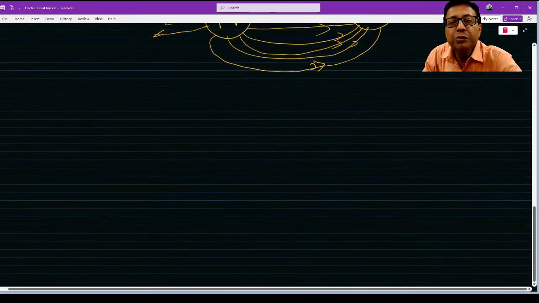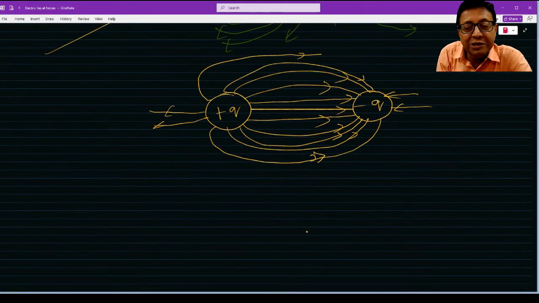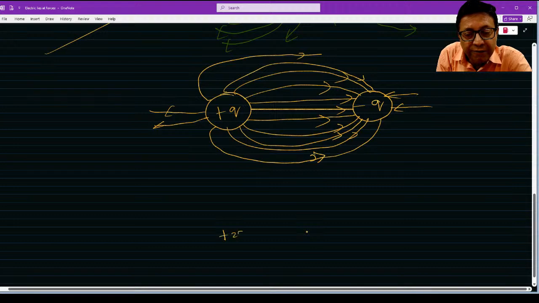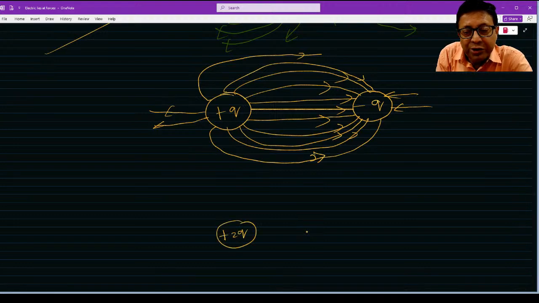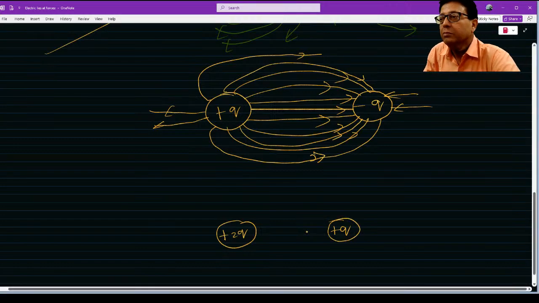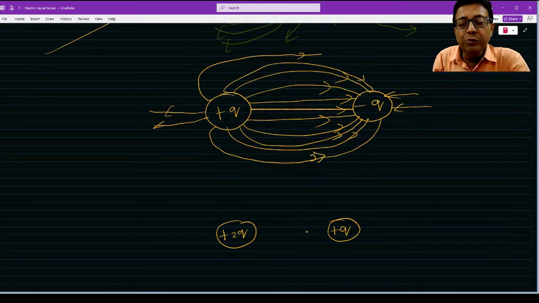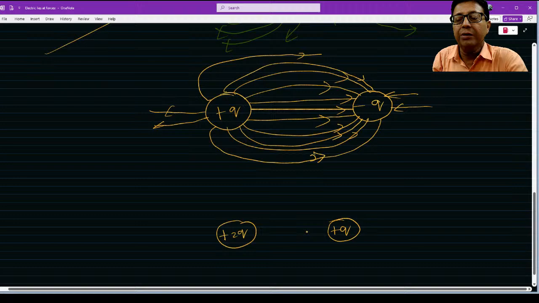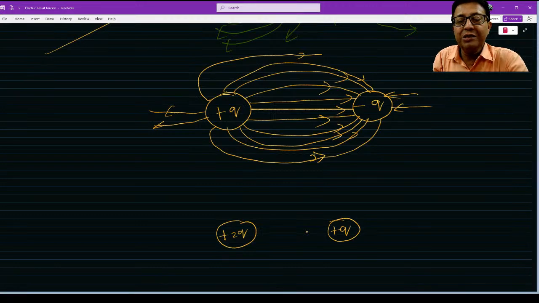Now, how to draw lines of forces if there is a charge plus 2q and another charge plus q? How do you do it? And how do you show the neutral point? At any point in between these two charges, the field due to this will be stronger, isn't it?